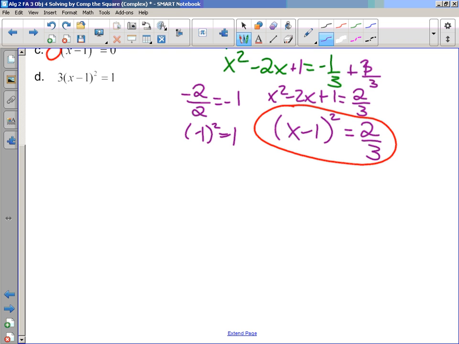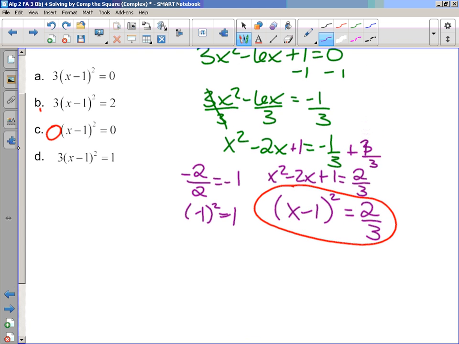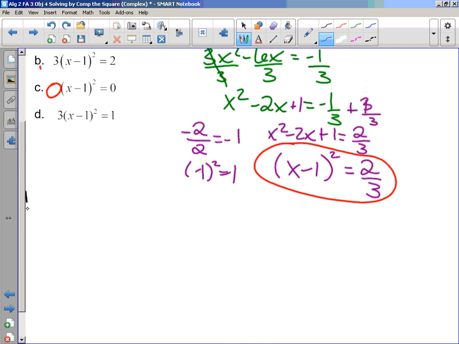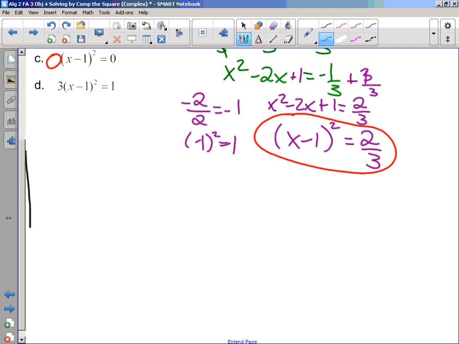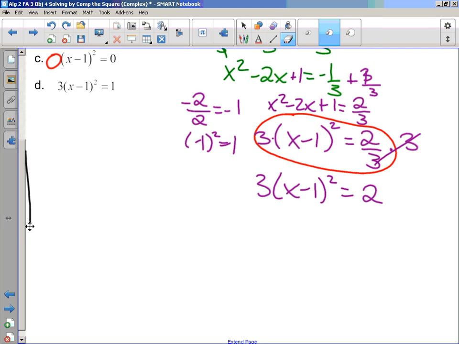So all except one of these options has a 3 in front of it. I can make that 3 go in front by multiplying both sides by 3. If I do, the 3 will cancel on the right-hand side. So basically, whoever this was used a little bit different method than I did.